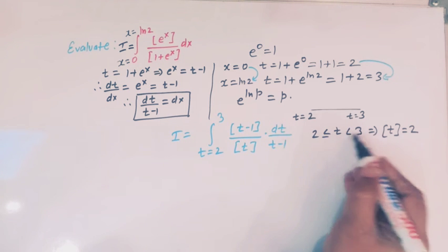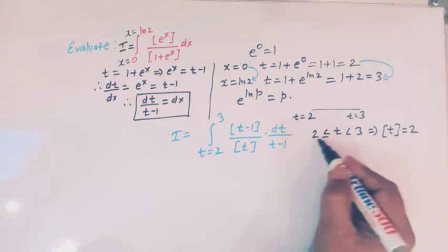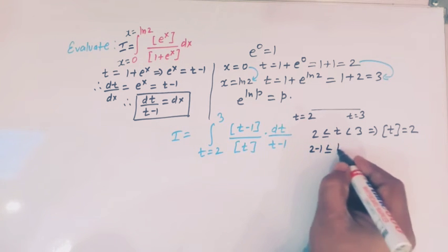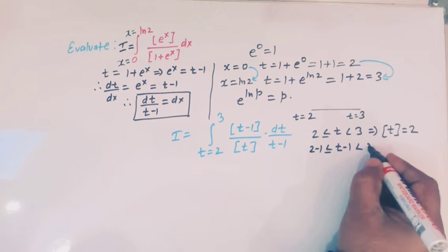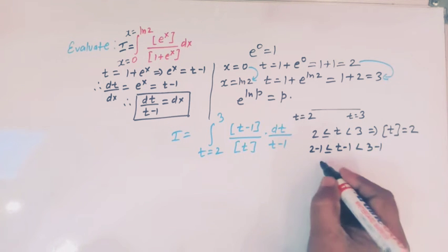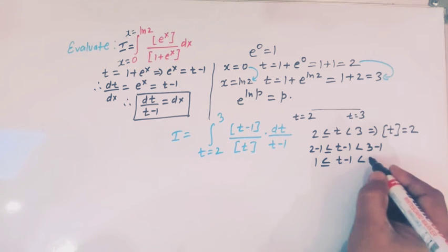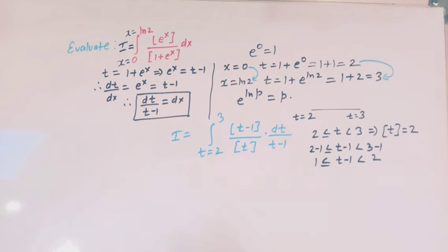If we subtract 1 throughout this inequality, we have 1 less than t minus 1 less than 2.